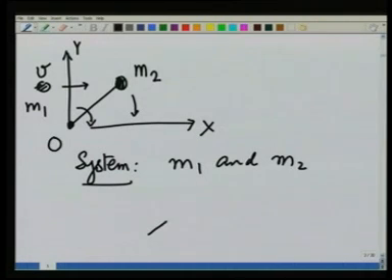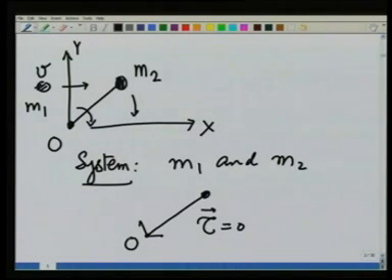Then if I look at the rod, the only force that is applied externally on the rod is at this point O, and this gives no torque because the force is not away from the origin. So, about this point O, there is no torque applied, and therefore, if I take angular momentum about point O, it is going to be conserved, and that I can use to calculate the final omega.